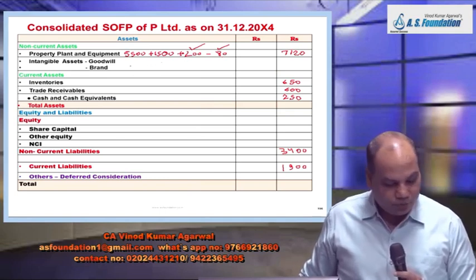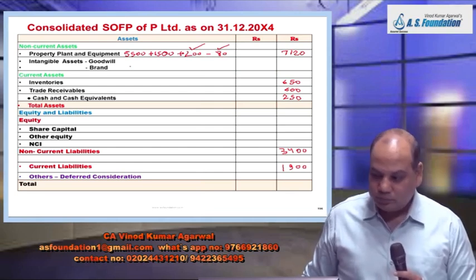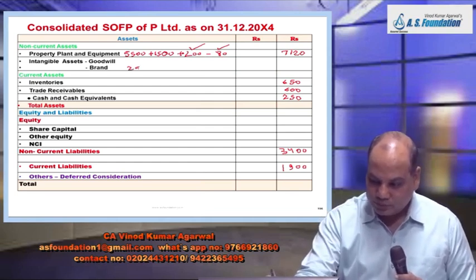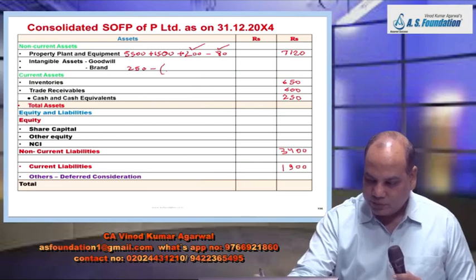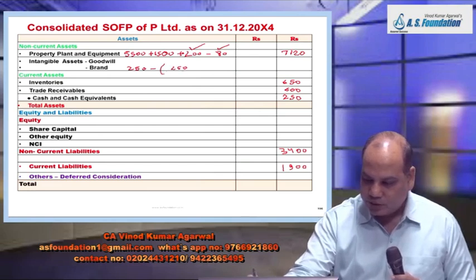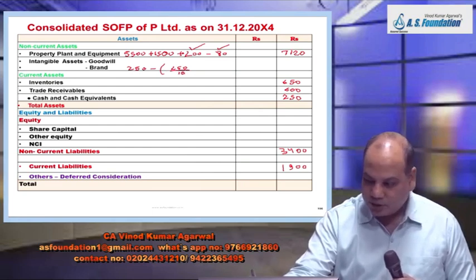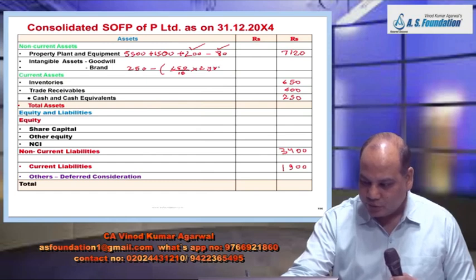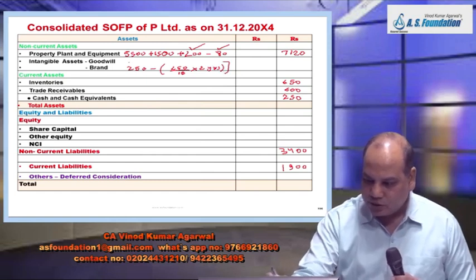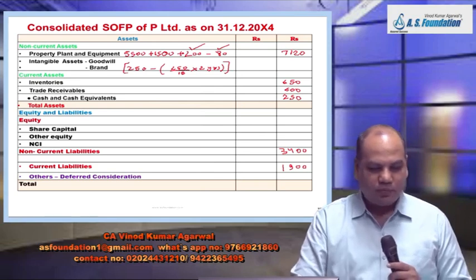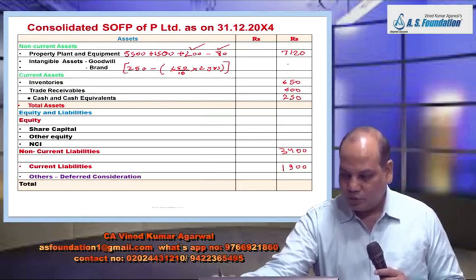So now two effects on the screen. Brand. What is its fair value? 250 minus amortization, 250 divided by what is the life? 10. How many years are over? 2 years are over. So what is the net amount in the outer column? 200.